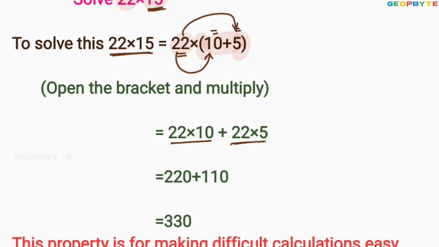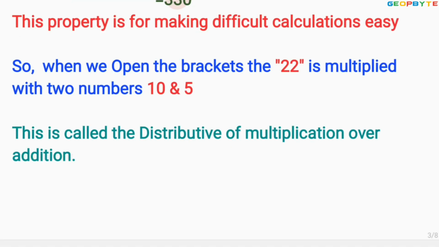What is the value of 22 multiplied by 10? 220. The value of 22 multiplied by 5 is 110. 220 plus 110 is 330. That is how we can simplify the difficult calculation by distributing one number into two numbers. Look at the conclusions.